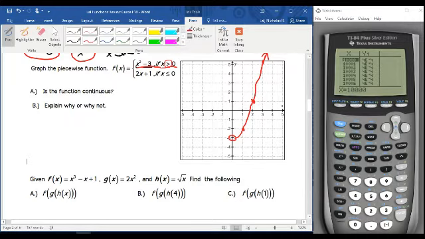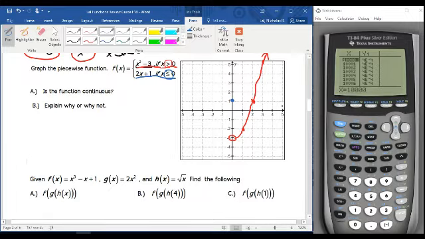Now I have 2x plus 1 when x is less than or equal to 0. So here, when at 0, I'm going to have plus 1, and it's going to be filled in because it is inclusive with that less than or equal to, and we have the function 2x plus 1.